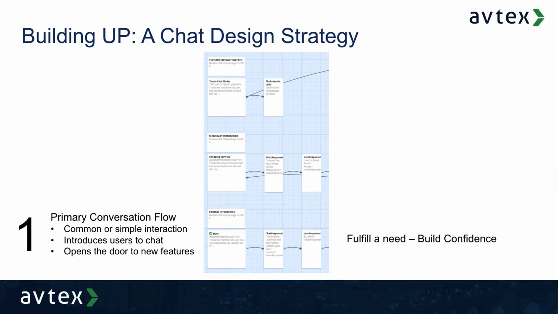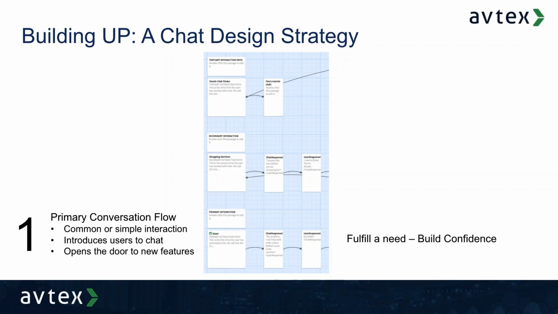In this particular case, if we look at that bottom row, now I'm only showing a portion of it here, but I'm calling it the primary interaction. And that first box is where the customer is coming into the chat window and they're saying, "I need to find out the status of my order." We're fulfilling a need, and we're using this basic interaction to build confidence.